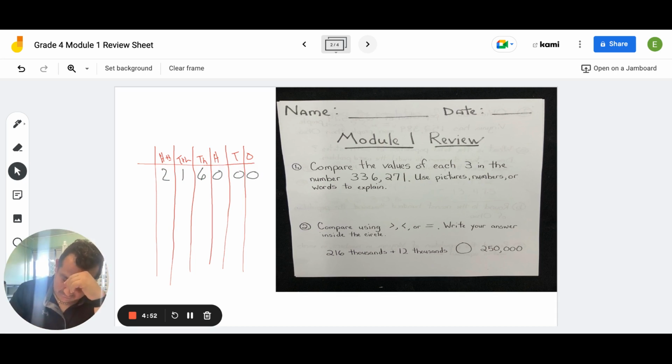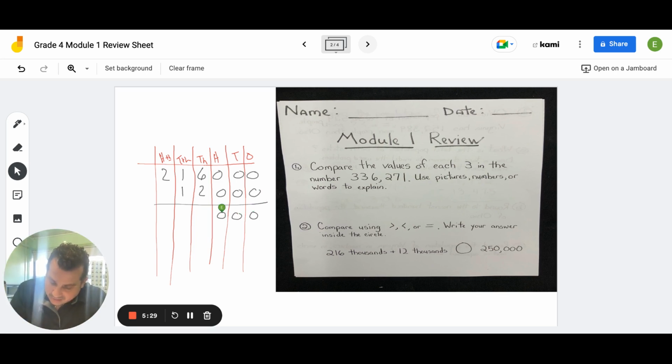Okay, I'm adding 12 thousands. Well, where do I put my 12? I can't put all 12 in my thousands place. I have to regroup, right? So I have 12 thousands. I have 1 10,000 and 2 thousands. Okay, that's the same as 12 thousands. Or you could use the place value chart if you need, or you could just add up your numbers, which is still lining them up.